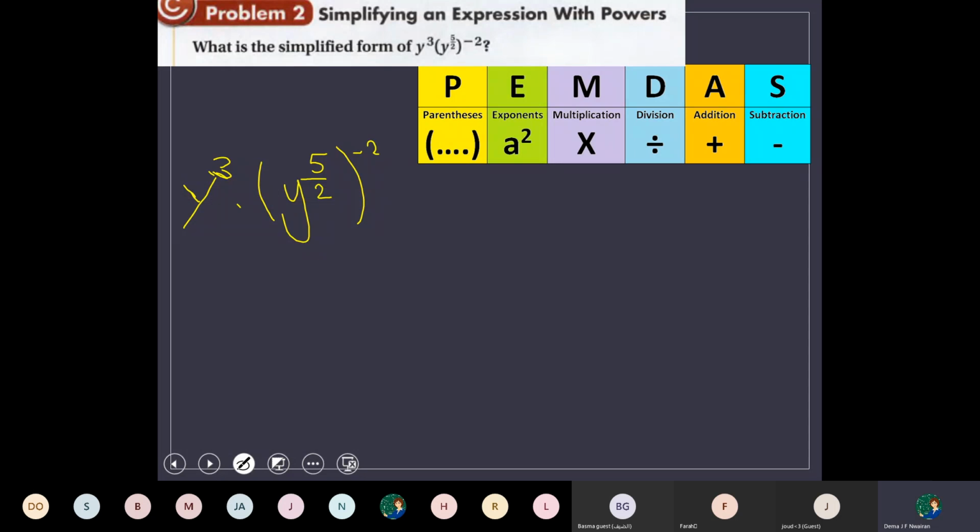Now, as you see here, I will remember how you use PEMDAS. The first step is, do we have a parenthesis? Any problems inside the parenthesis? It is y to the power 5 over 2. Okay, but there's nothing to solve inside, just this number. So go to the next step.